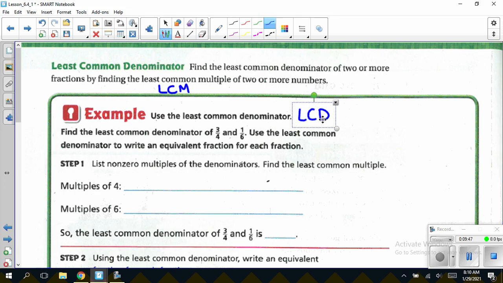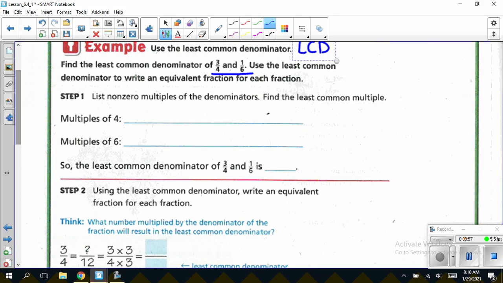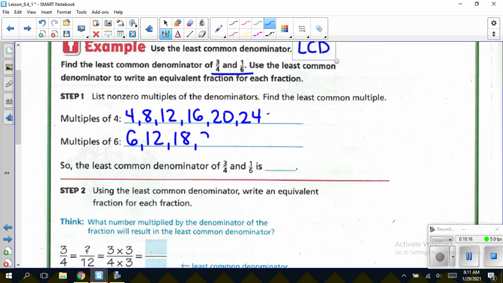So we are using the fractions of 3/4 and 1/6 to find the least common denominator between those 2 fractions. So listing my multiples of 4: 4, 8, 12, 16, 20, 24. And then I can list my multiples of 6: 6, 12, 18, 24.